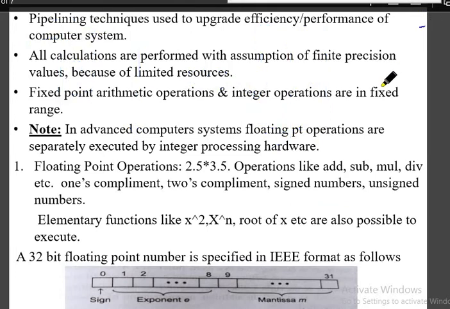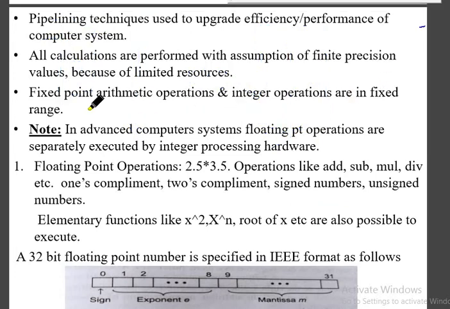Next, all the floating point operations and integer operations we work in a fixed range. Hope we all studied this in our C program. So integer is minus 32,000 to plus 32,000. So this is one range. Like this we have a range for integer and a range for float.